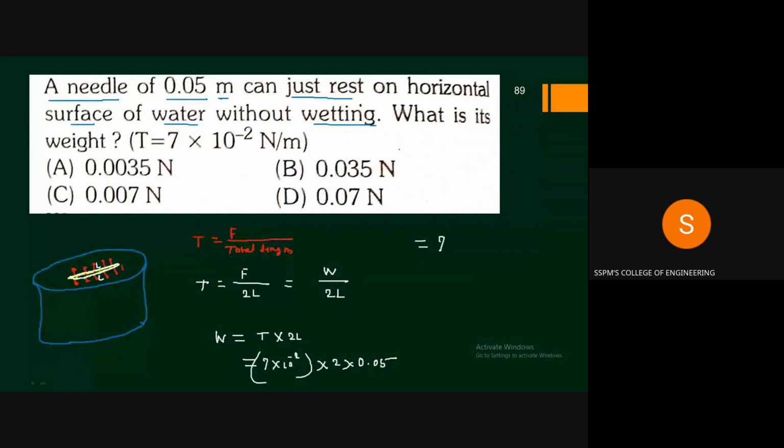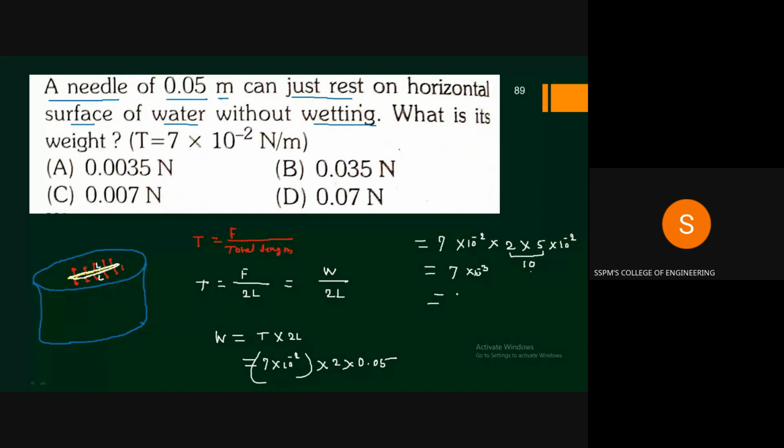This is 7 into 10 to the power minus 2 into 2 into 5 into 10 to the power minus 2, where I write 0.05 as 5 into 10 to the power minus 2. So 5 into 2 will be 10, that is 10 to the power 1, and with minus 2 and minus 2 this is minus 4 plus 1, so minus 3. So 7 into 10 to the power minus 3.